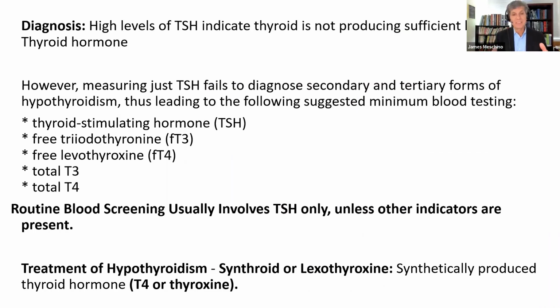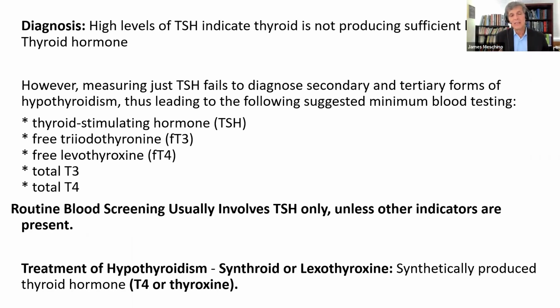When you see high levels of TSH, it indicates that the thyroid is not responding well to the signals from the pituitary gland. And as TSH rises higher, eventually the diagnosis of hypothyroidism is made. But doctors should also be looking at the T3 and T4 blood levels, the actual thyroid hormone itself.